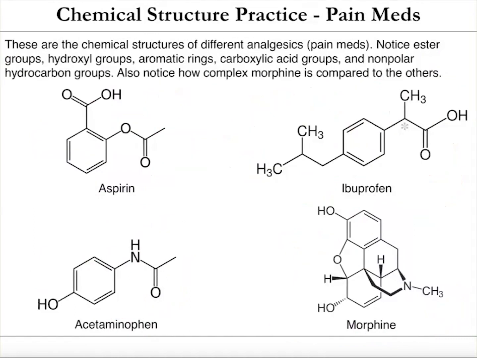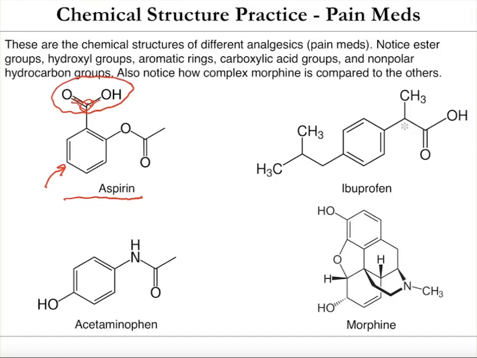So here are some more chemical structures of different what are called analgesics or pain medicines. There are lots of different groups that we can look at on these different molecules. So we have aspirin right here. It has this benzyl ring, and it's attached to this group right here, which we already determined was a carboxylic acid group. So it's a carbon double bound to an oxygen and then to a single OH group.